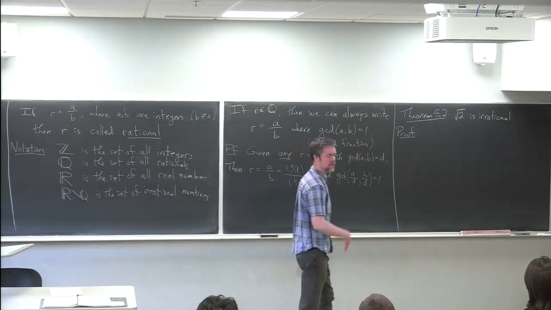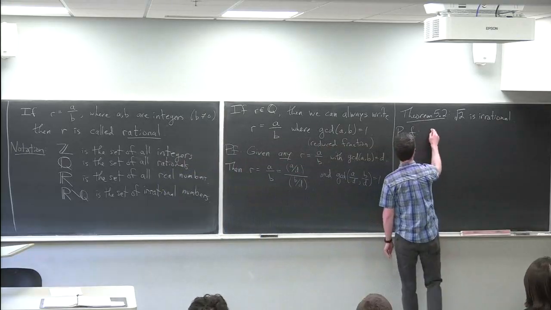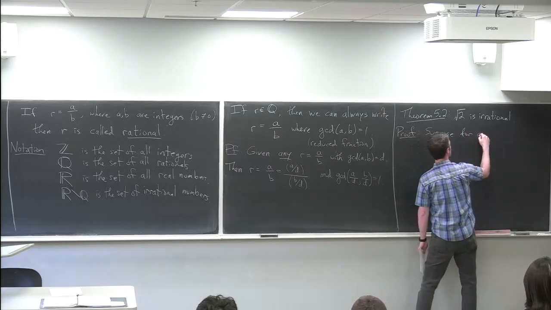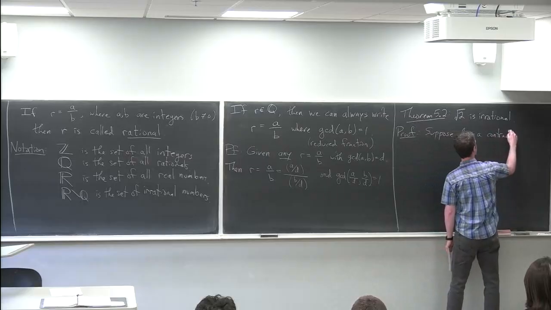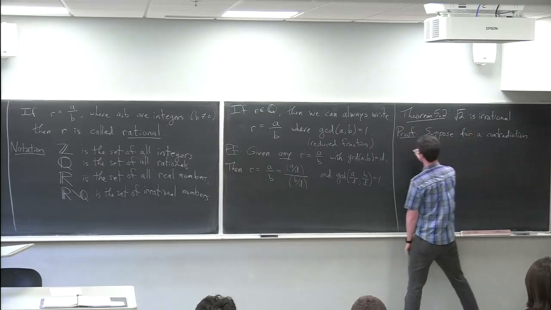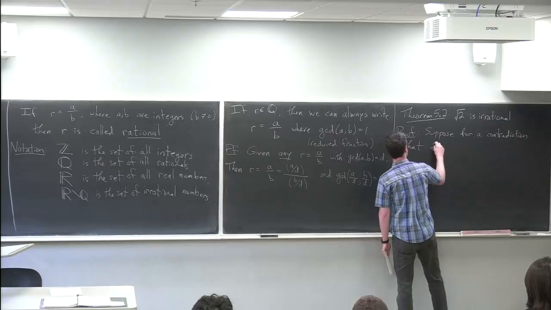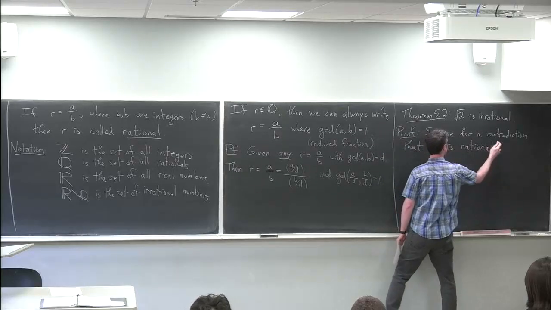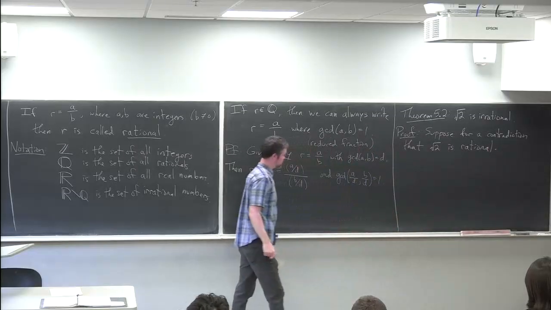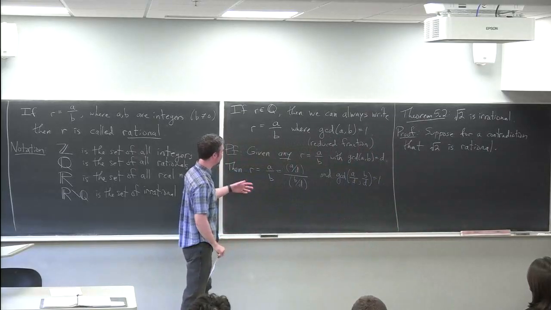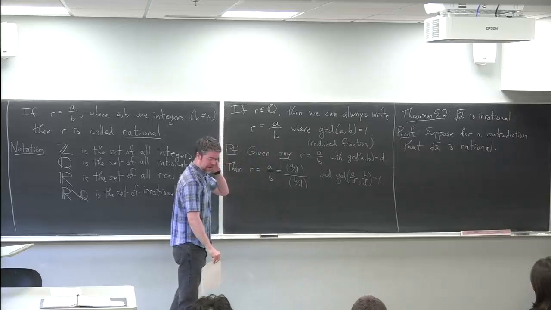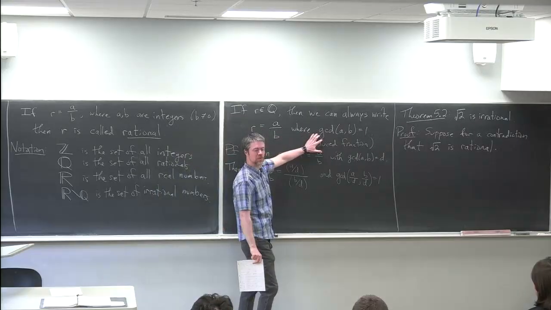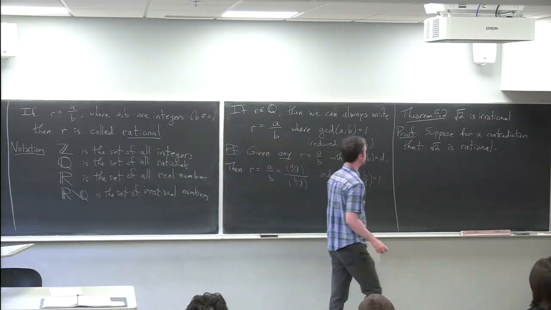So you could say, well, let's suppose it's rational. So suppose for a contradiction, it's rational. Okay, and the point is that gives you something to work with because you get to assume that it has the form A over B. And we're also going to assume that it's in reduced form, where A and B are relatively prime.